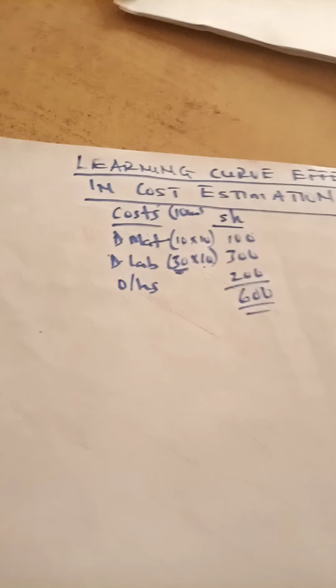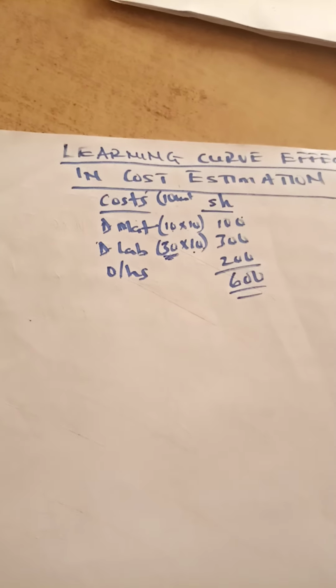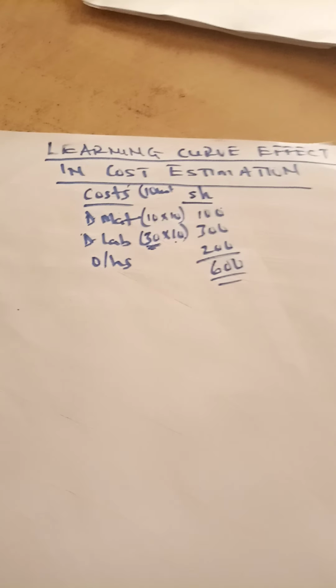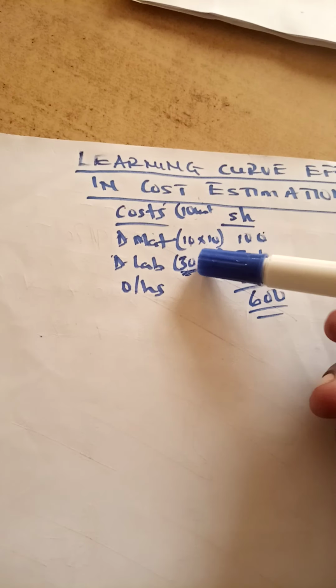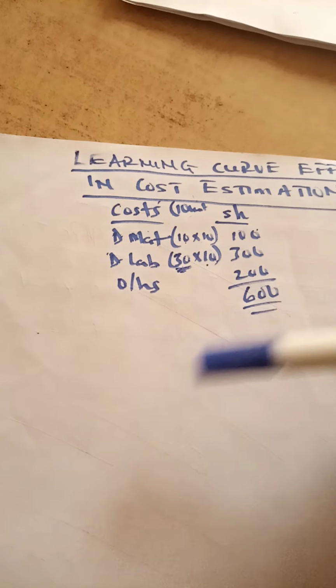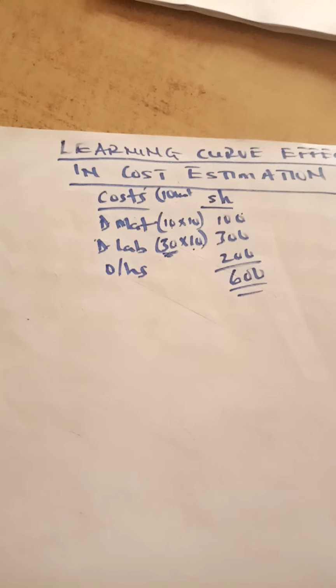So this reduction in time as you make more and more units is what we are calling the learning curve effect. So you might always want to factor in how much time will reduce as you are making more and more, so that you capture it.